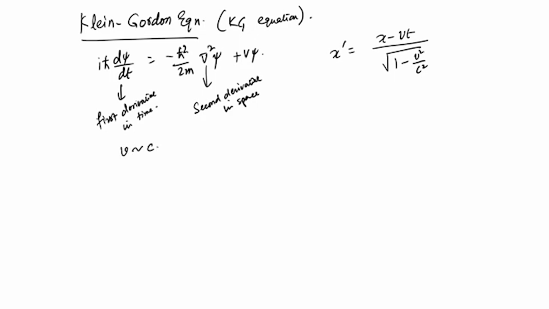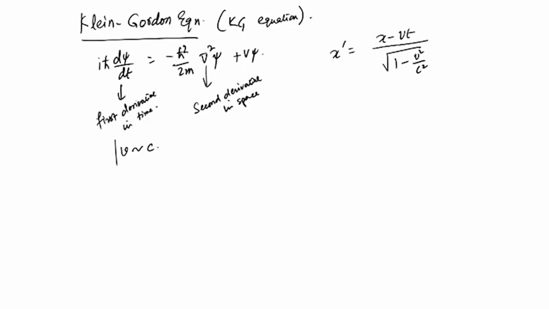Okay. So this is one of the main drawbacks of the Schrodinger equation, which is only valid for v much smaller than c. In fact, there is no special status of c here. c is just any velocity, but we know from the special theory of relativity that c is the ultimate velocity that a particle can attain.